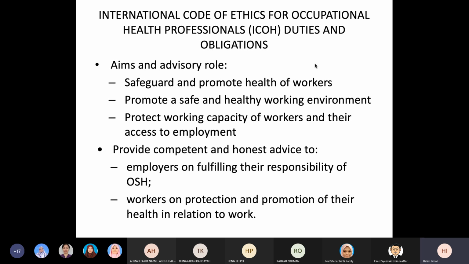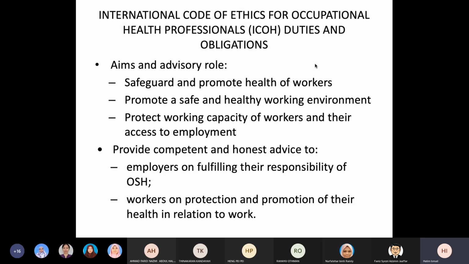So basically, in the international setting, they have this international code of practice by the international bodies, so that their role is to provide an advisory role on how the health professional should conduct their behavior in relation to managing patients' information, so that they do not deviate from their medical ethics as well.